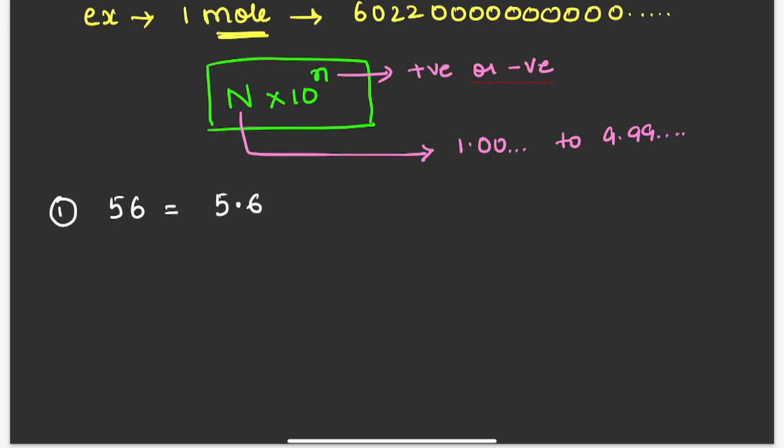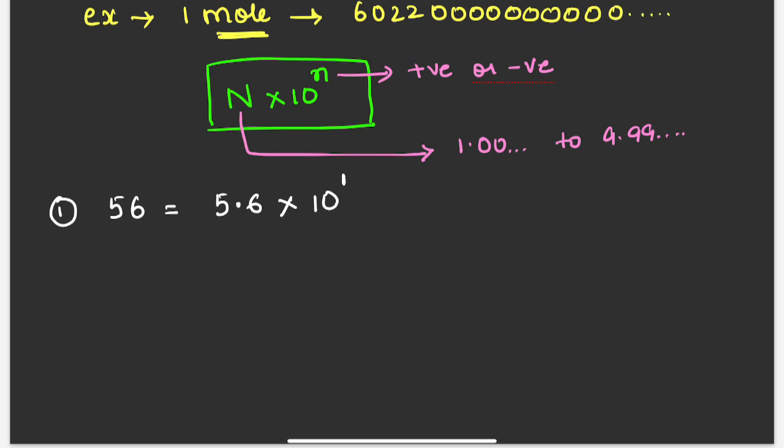When you are writing in this form, N into 10 to the power of n, you have to write n. Count from the left side: after one number I have put this decimal point, so you have to write 1 here. Suppose if it was 2 numbers, you will be writing 2. Like that you have to put the number.